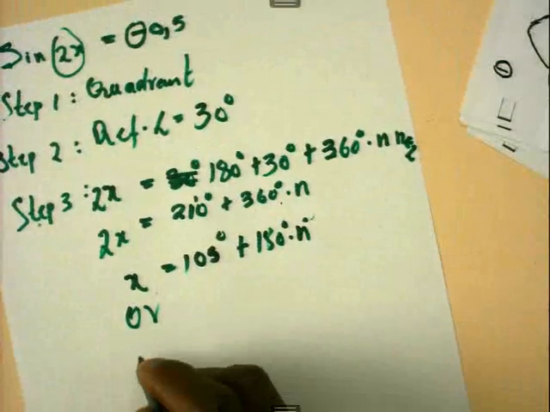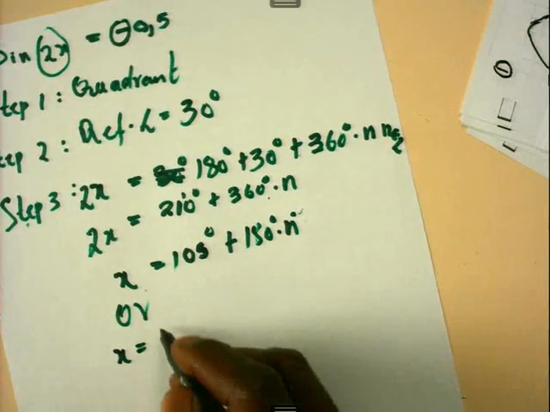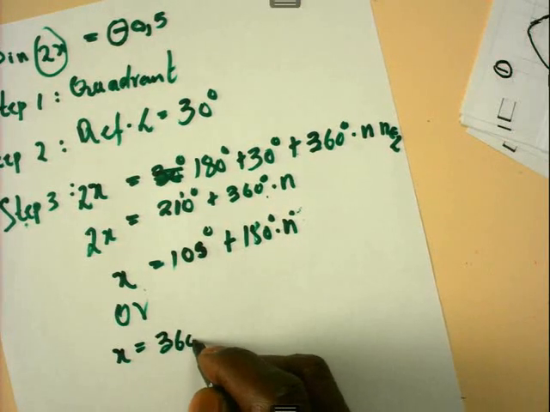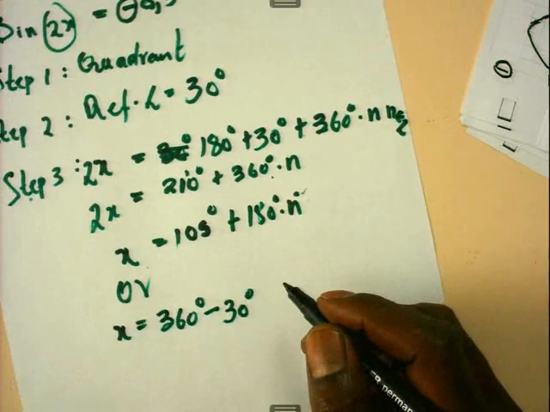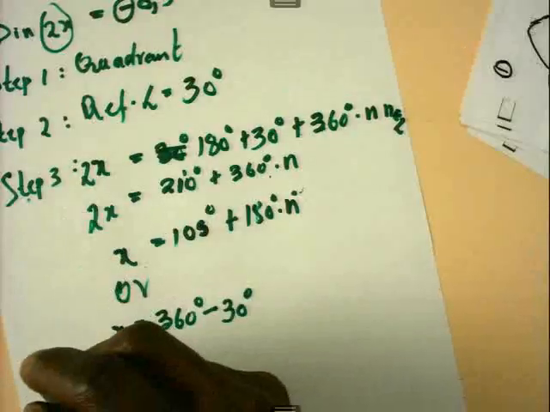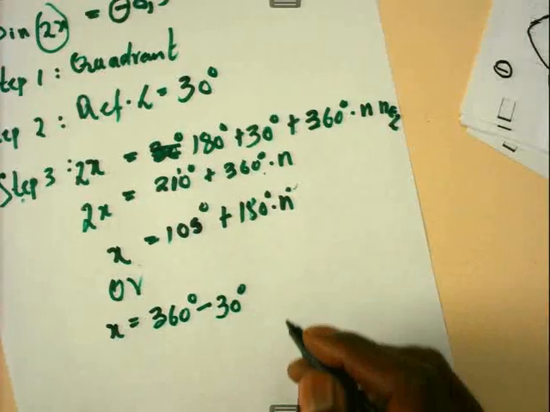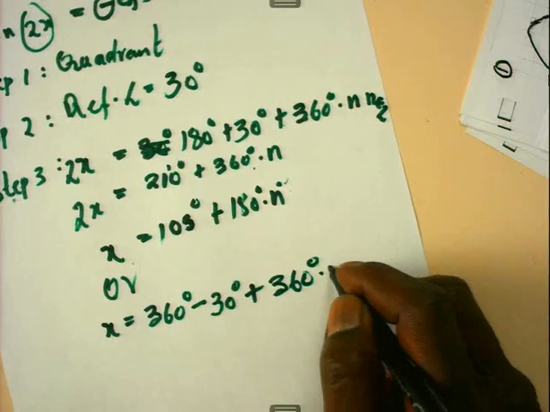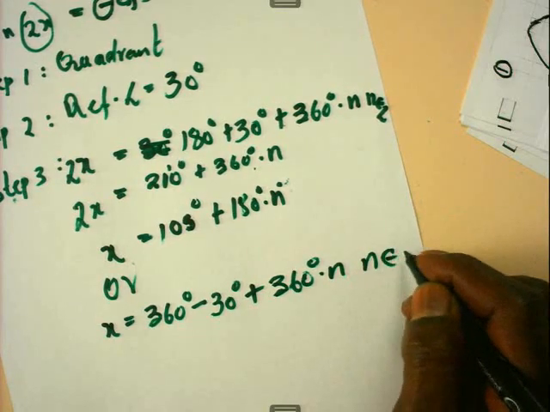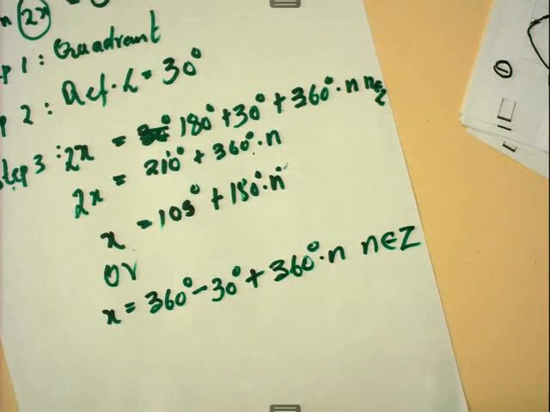And our x will be 360 degrees minus our reference angle, which is 30 degrees. Of course, we can rotate any number of revolutions, and therefore we'll say plus 360 degrees times n, n being an element of integers.